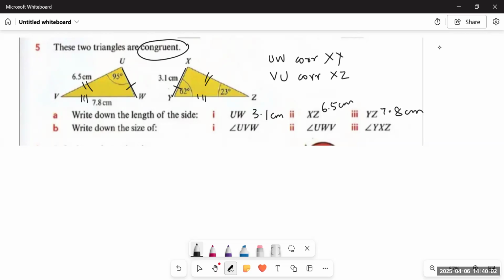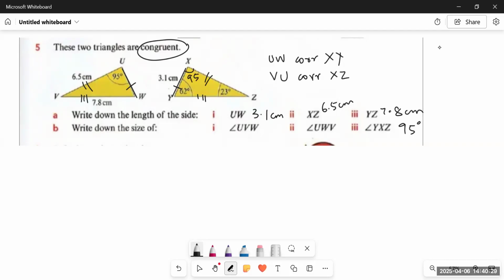Next, we have to write down the size of the angles. One of the angles is given in the first triangle UVW and two angles are given in the second one. So this angle VUW would be corresponding to YXZ, which is the third angle in part B. So this angle would be 95 degrees. These two angles would be congruent.